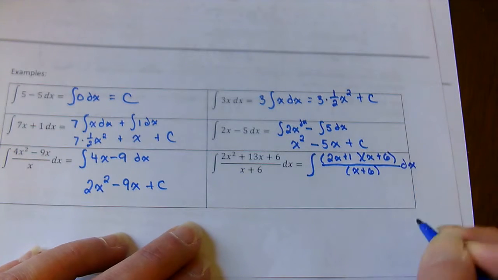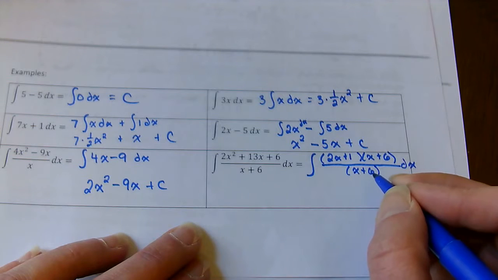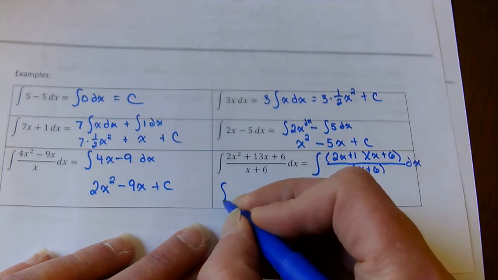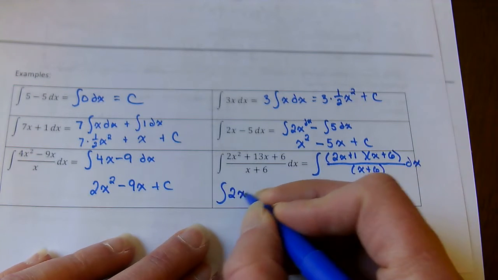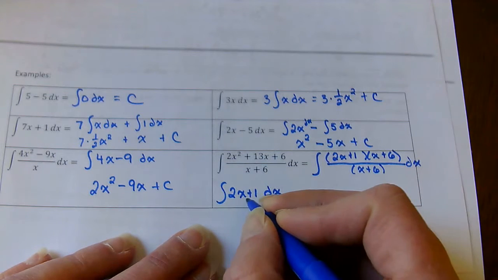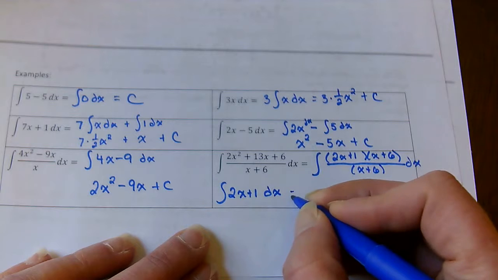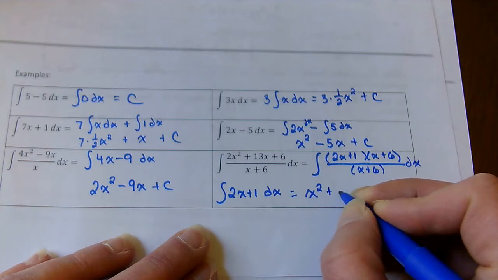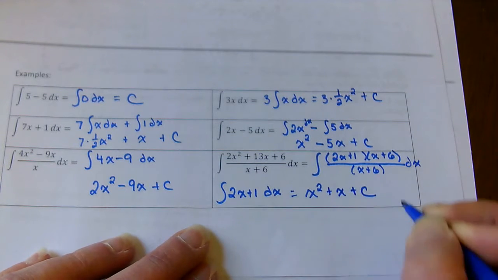Why was that useful? Because these can divide out, and now I'm just taking the integral of 2x plus 1 dx. The antiderivative is going to be x squared plus 1x plus c.